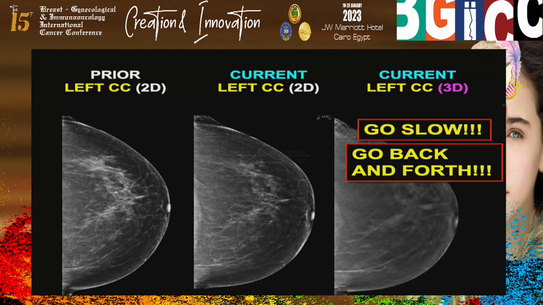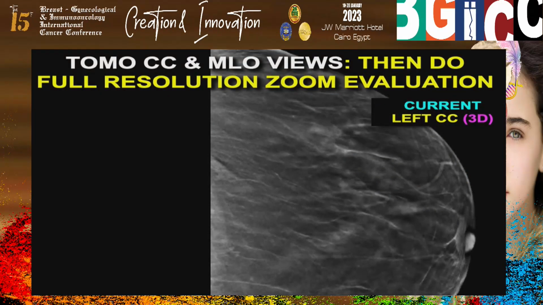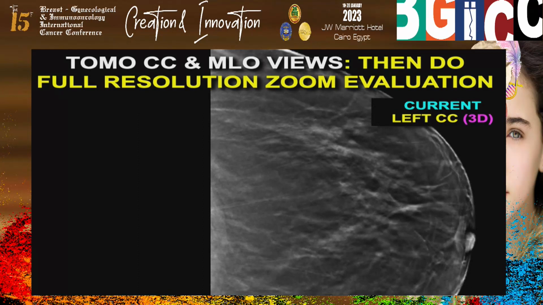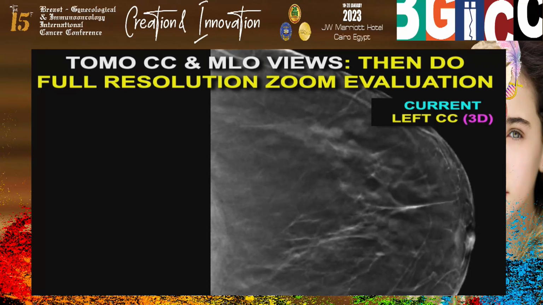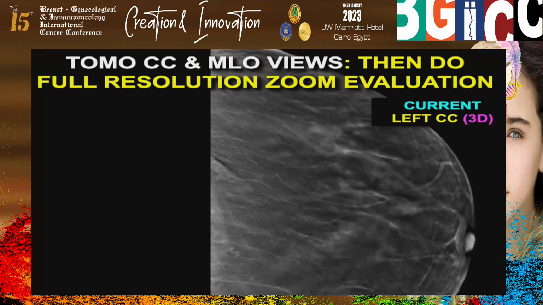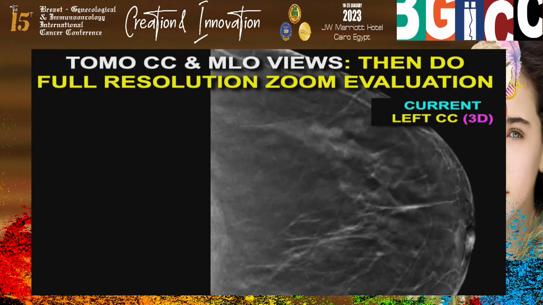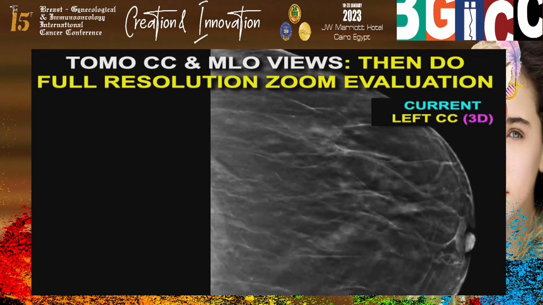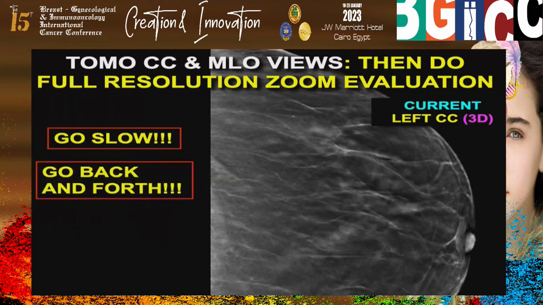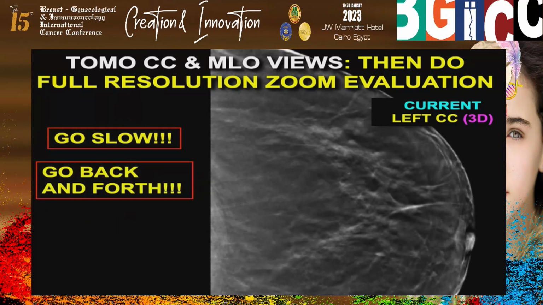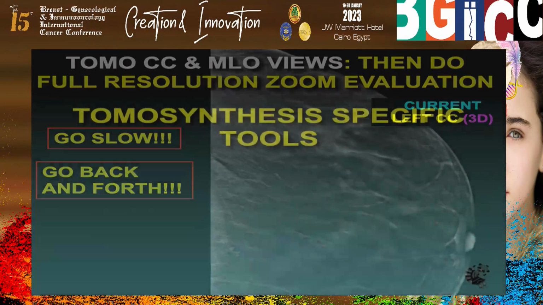Just be consistent every time you do it. Then, and only then, do I look at my tomo slices in full resolution on the zoom. And then I can find any small abnormalities that might be present. So that's basically what I do. Again, going slow and going back and forth again. My trademarks always, always, always.